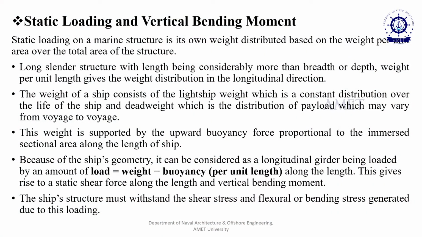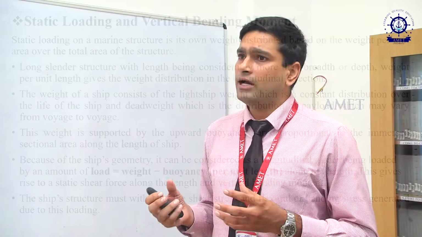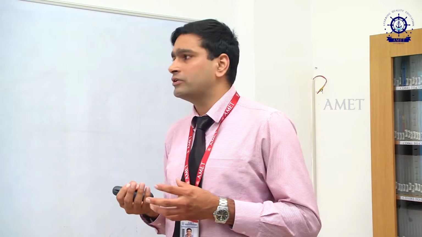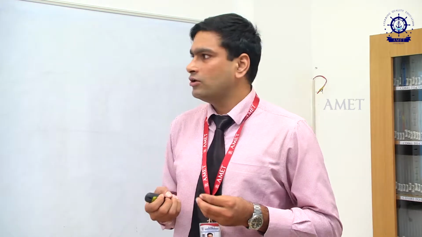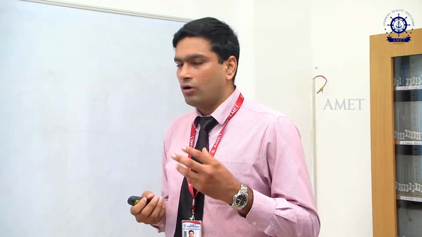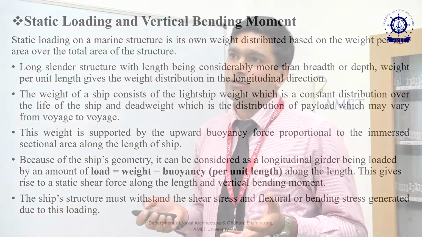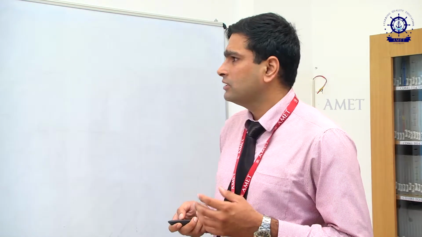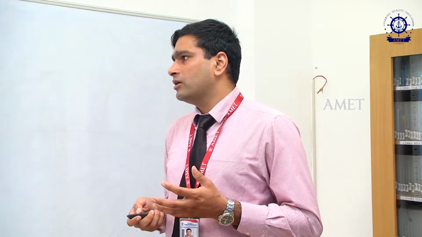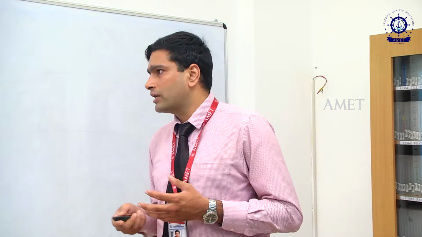As you know, a ship is a long slender structure where the weight is not very evenly distributed because of its slenderness and various geometric properties of the shape of the vessel or a ship. The breadth or depth are quite lesser than the length, and the weight per unit length gives the weight distribution in the longitudinal direction.